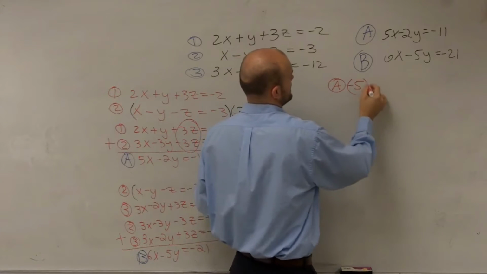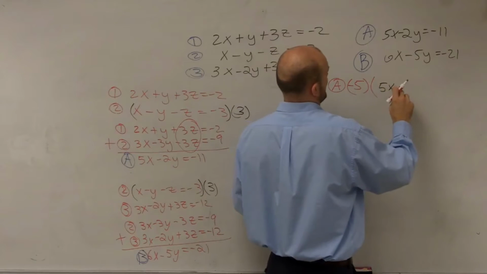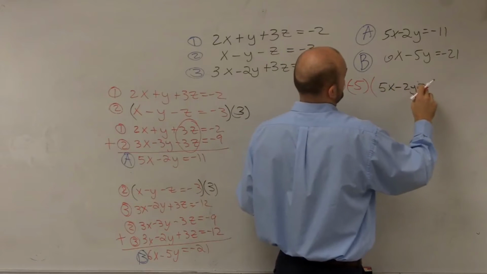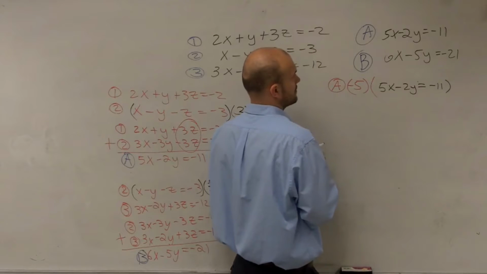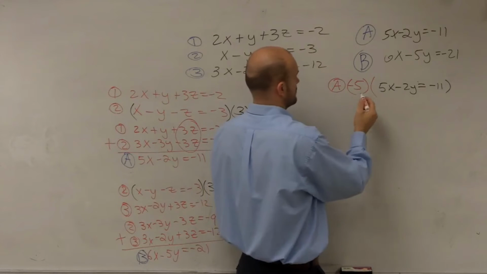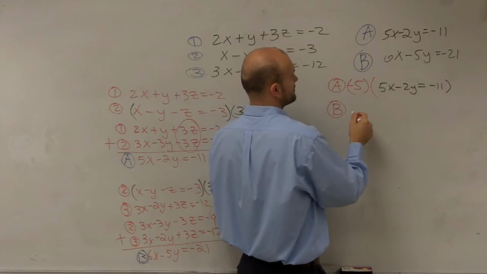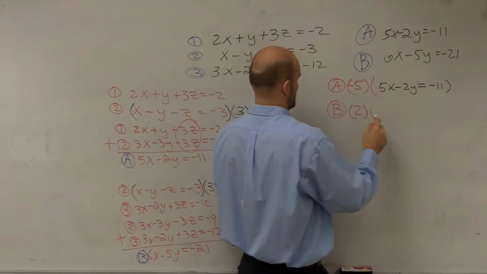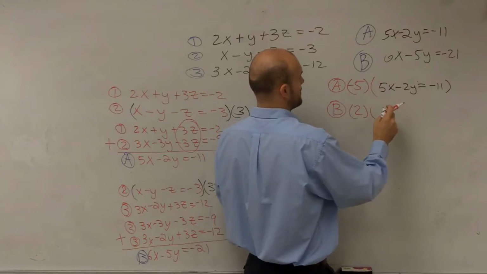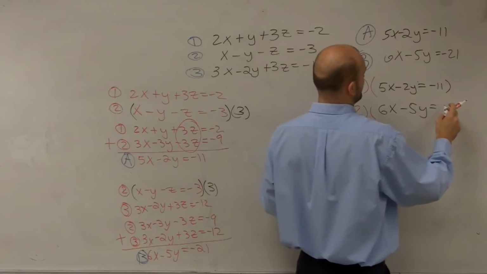So I'll multiply A times a negative 5. I haven't multiplied it through yet. And then B will multiply by a positive 2.